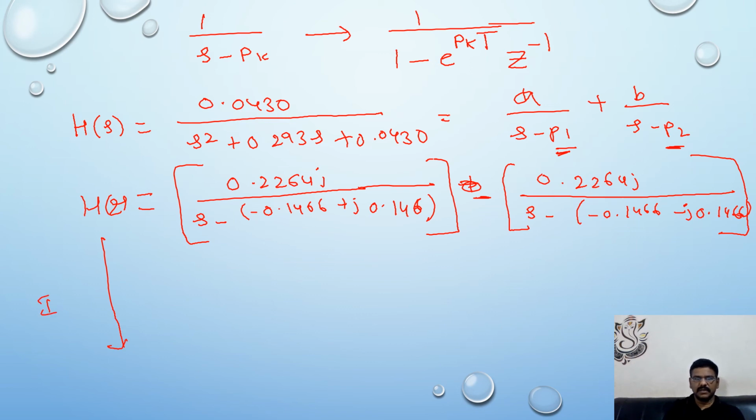How to do this? If you observe, this is your p1, and this is your p2.